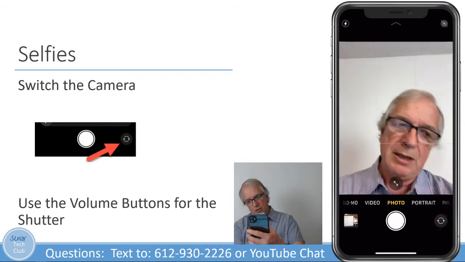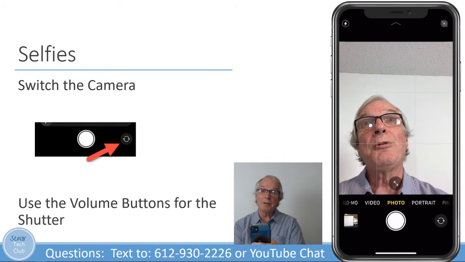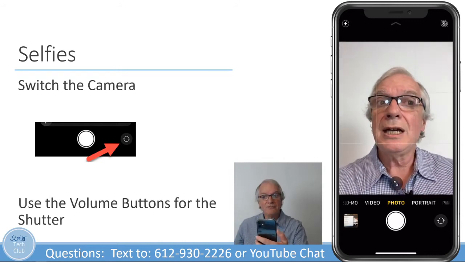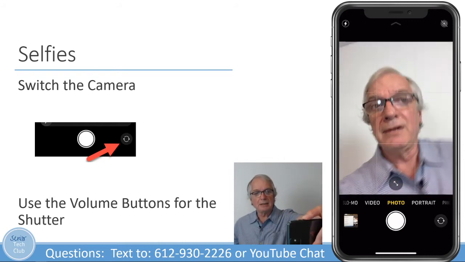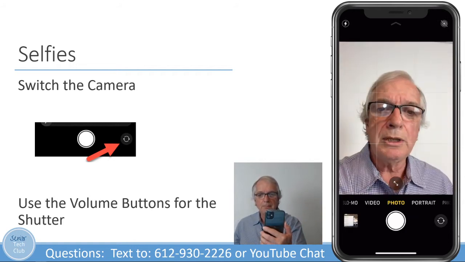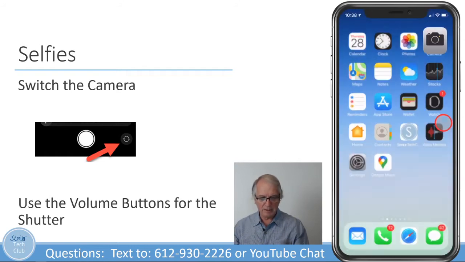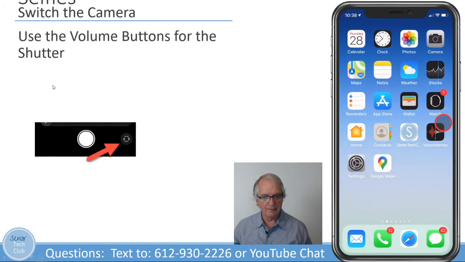So rather than contorting yourself, trying to figure out how you press the white button, consider using that volume button. In fact, you can even do it like this, in the same fashion. So it makes it quite a bit easier for you to be able to take that selfie.